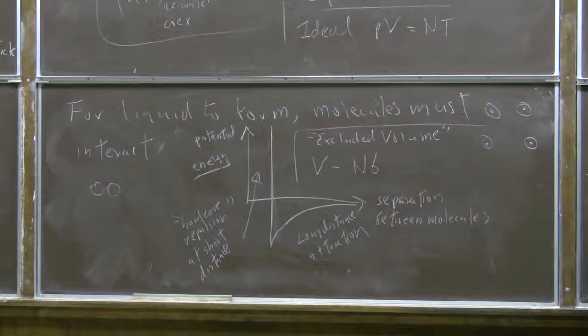Actually, why don't I just sum over all the particles, and then I'll put in a 1/2 so I don't overcount the pairs. So 1/2 times the sum over pairs of the potential energy of the pair, which depends on the positions of the particles labeled by i and j.